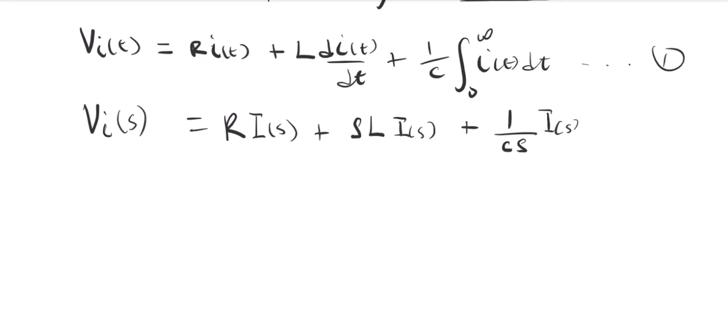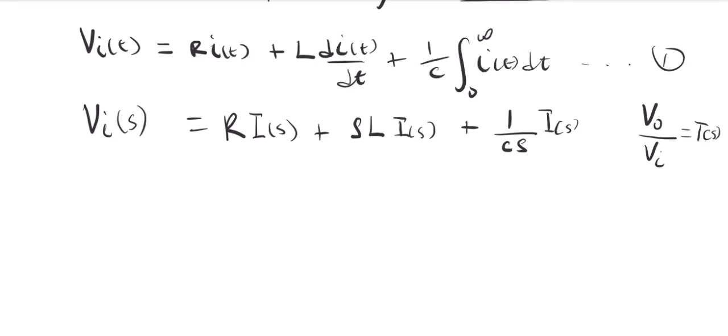Now what we have to do is to determine VO, the output voltage, over the input voltage. This will give us the transfer function of the system. That is the next target. This one is the easiest of all that you can do, but it's a foundation.